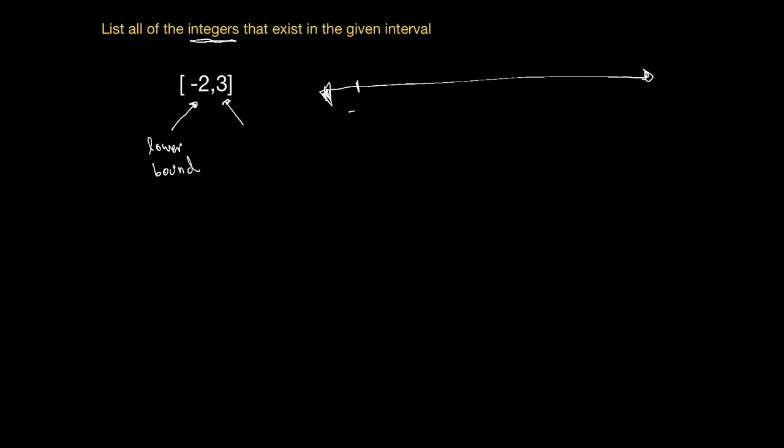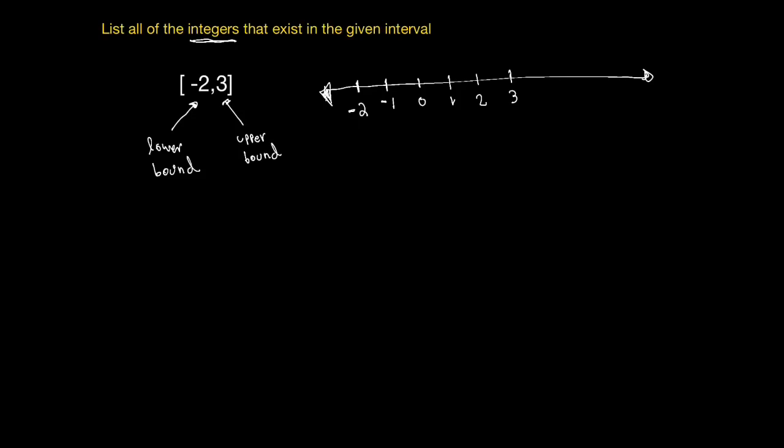We begin at -2, and then we begin counting to the right. To the right of -2, we have -1, then 0, then 1, 2, and we're going to stop at 3 because that is the upper bound.